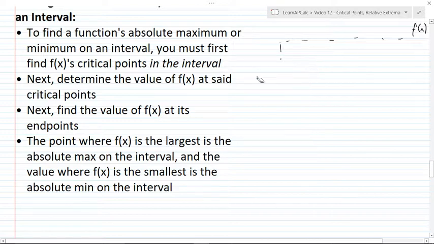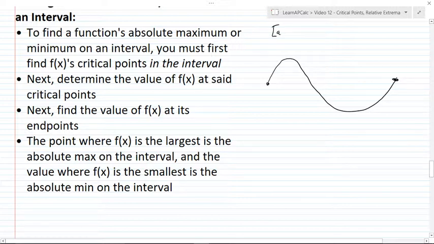In problems like these, you're asked to find the absolute max, the max on an interval. What is the greatest value the function achieves on the interval? So let's say we have an interval a to b. Okay, I'll draw it like so.